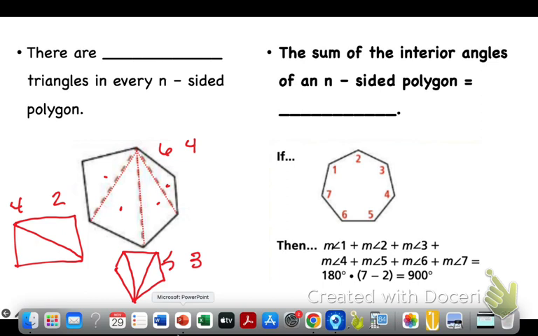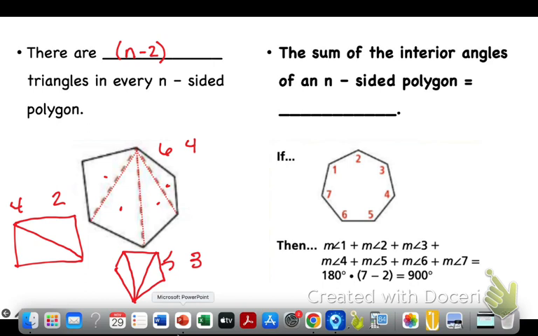So the formula: there are n minus 2 triangles in every n-sided polygon. So if I have 20 sides, how many triangles can I make? 18. 15 sides? 13. Got it?